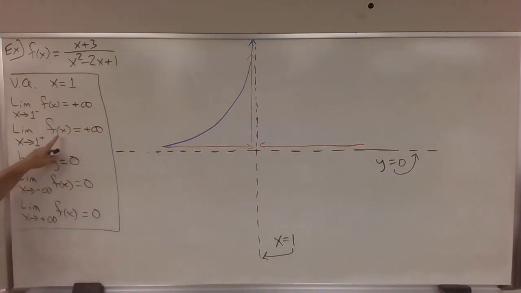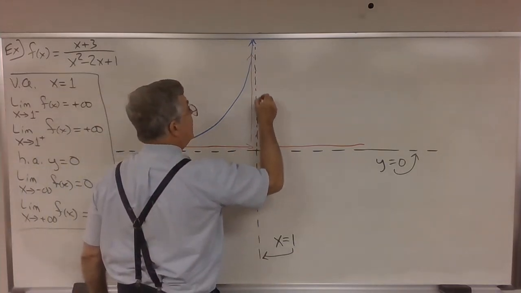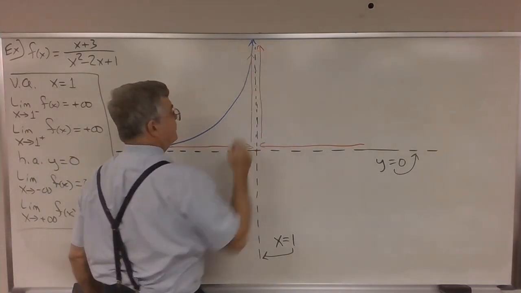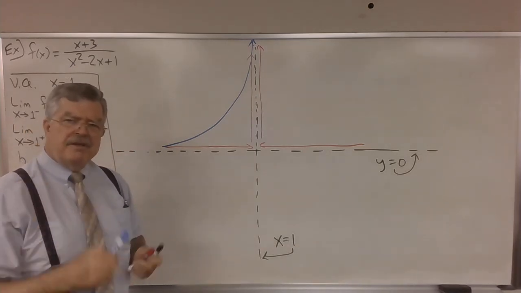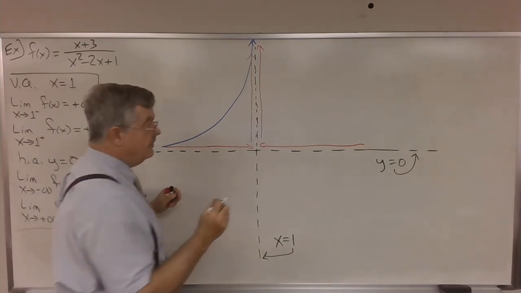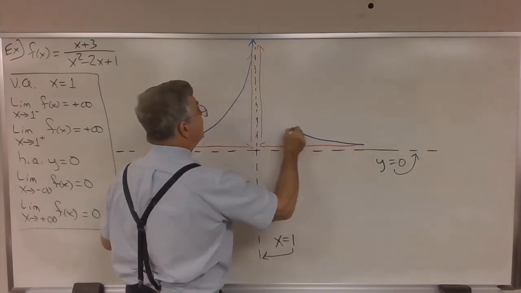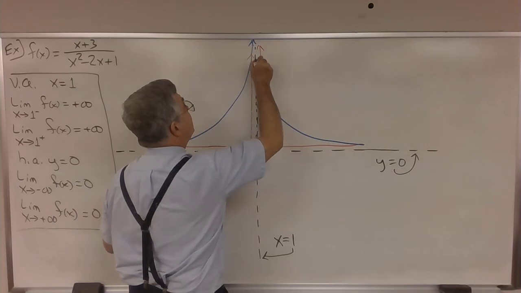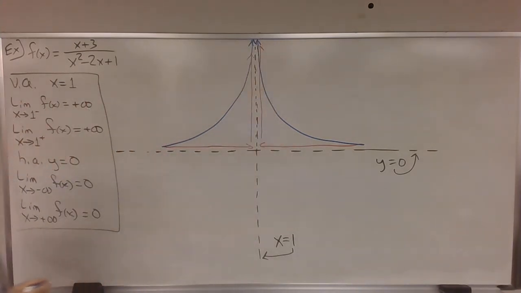And as it does, f of x, the y value, goes to infinity. So here's y going to infinity. The net effect of both of these things happening at once is that the graph moves from right to left and it goes up like this. So that looks pretty good.